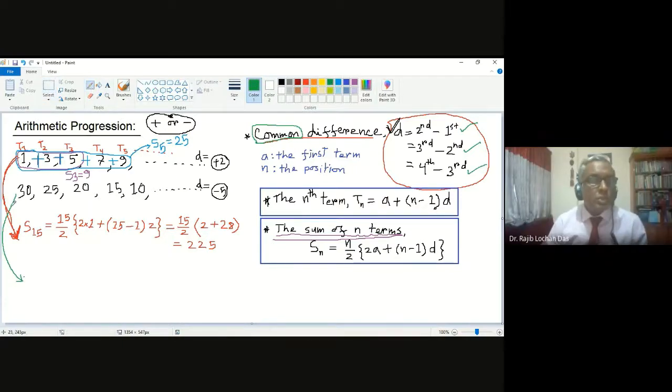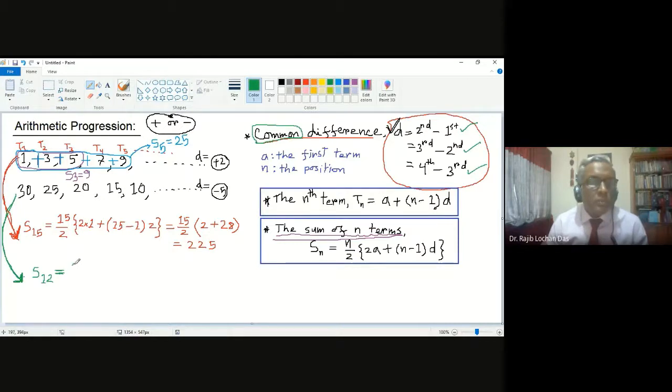Now let me show a similar calculation for the second example. We will find out the summation, say S12. I'm just taking S12. If you want to change, you can, no problem. This will be the sum of 12 terms.